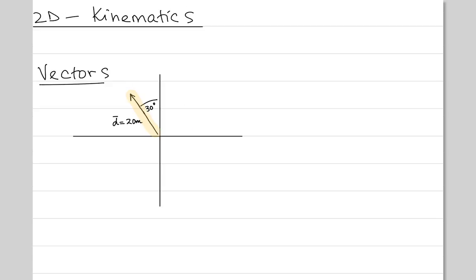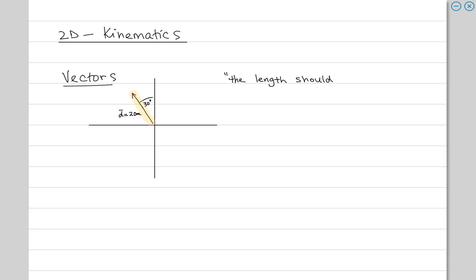Okay, so I'm just going to put a little note here. The length should give a relative description of the magnitude.